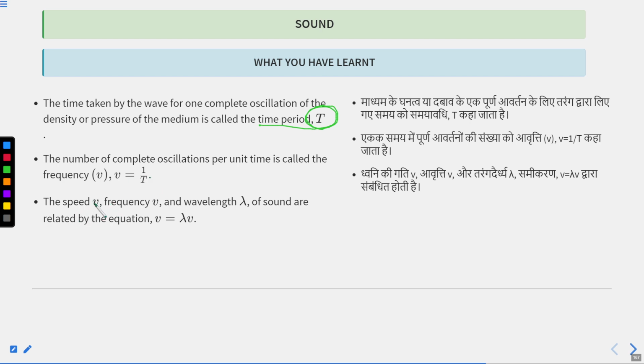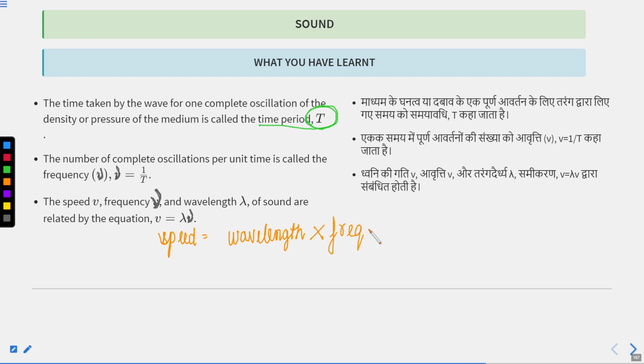Now the next formula: if speed is v, frequency is nu, and wavelength is lambda, then the speed of sound can be related as v = lambda nu, speed equals wavelength times frequency.